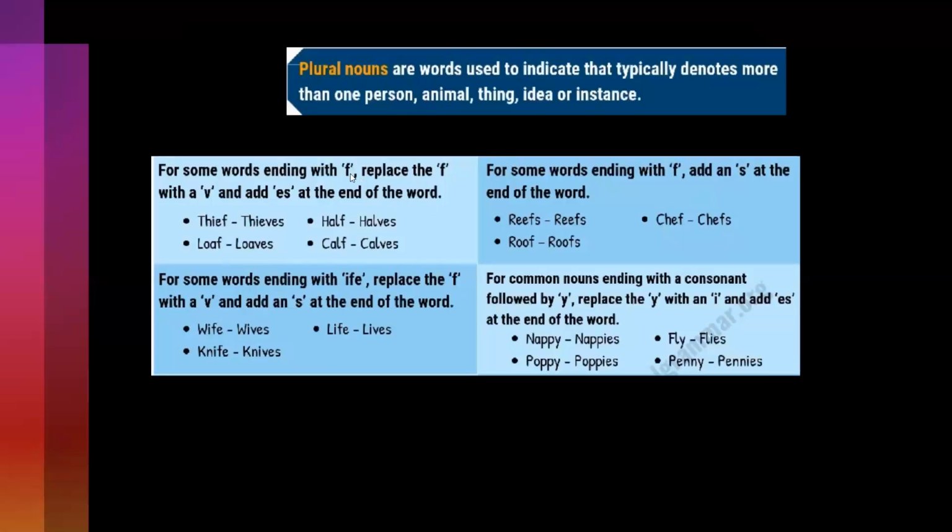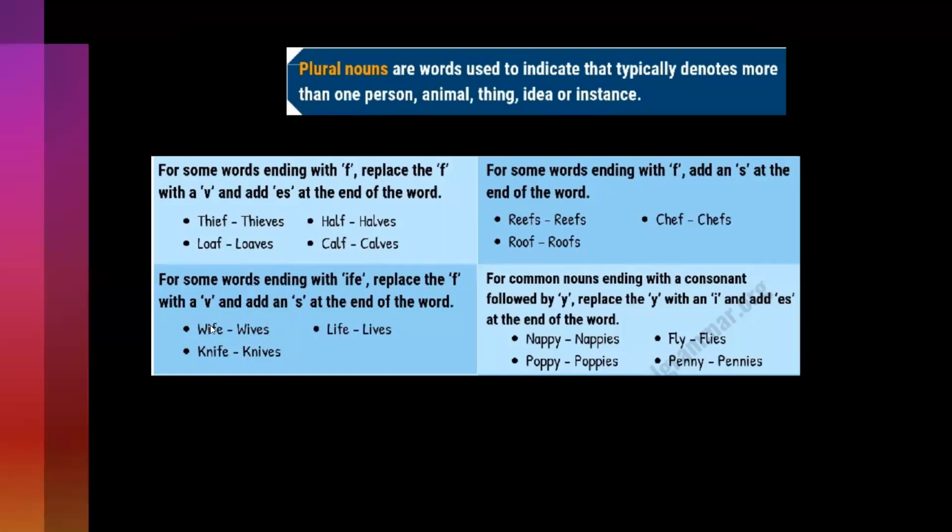In the case of the nouns that end in F or FE, we change it by V. For example, thief, thieves, half, halves. If the noun ends in "-ife", we replace the F by V and we add ES.